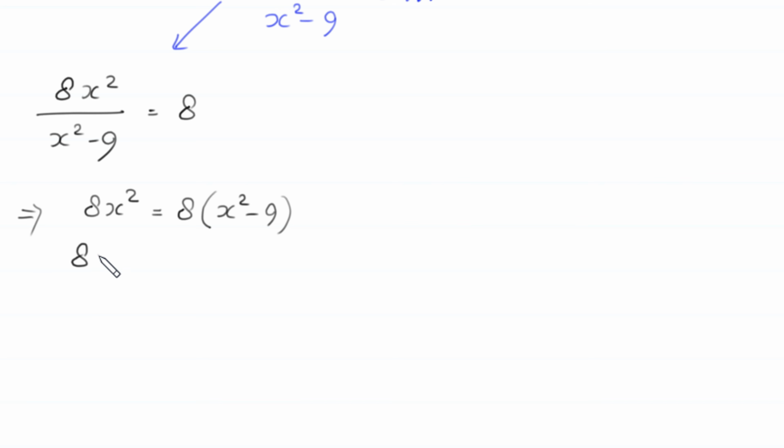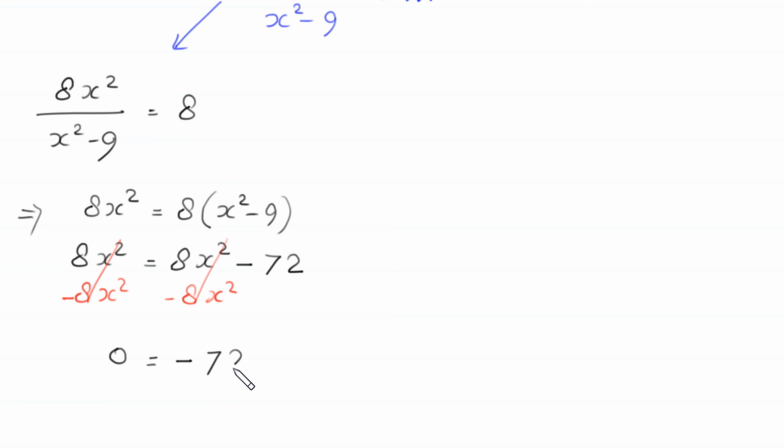Next, 8x squared is equal to 8 times x squared will become 8x squared, and 8 times negative 9 will become negative 72. And from here, if we subtract 8x squared from both sides, then this gets cancelled, this gets cancelled, and we are left with 0 is equal to negative 72. So no solution is possible from this equation.